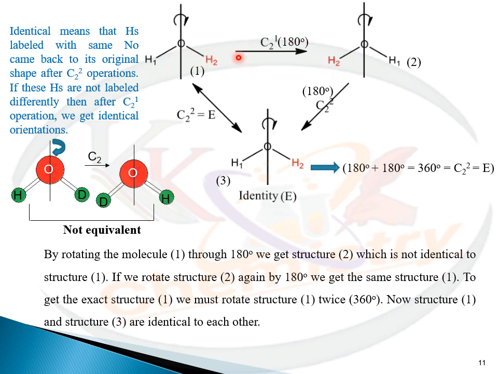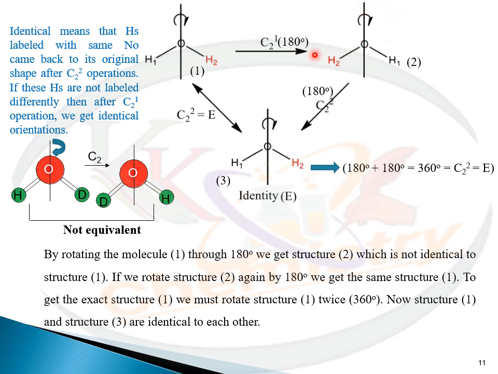By the C2 operation, the red hydrogen labeled 2 is towards our left side and the other one, H1, is toward our right side, whereas in structure 1, H2 is towards our right side and H1 is towards our left side.